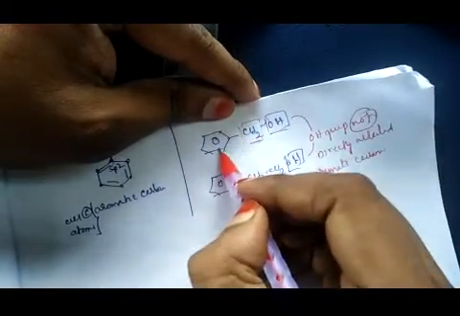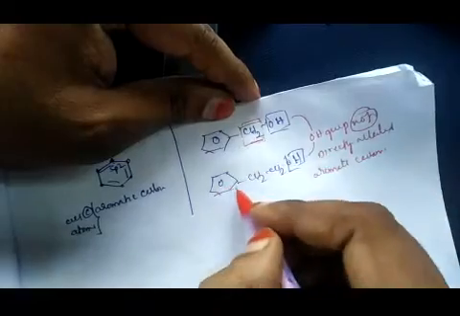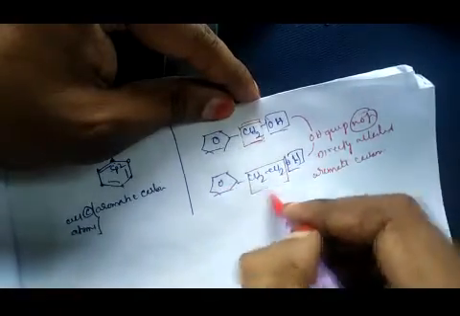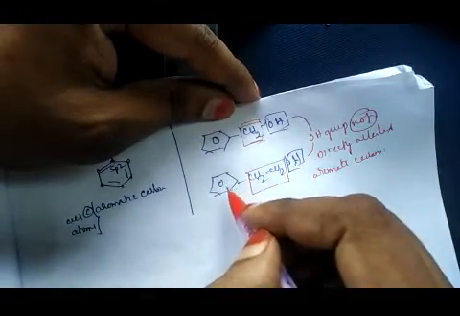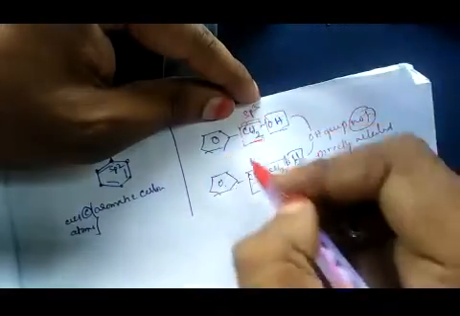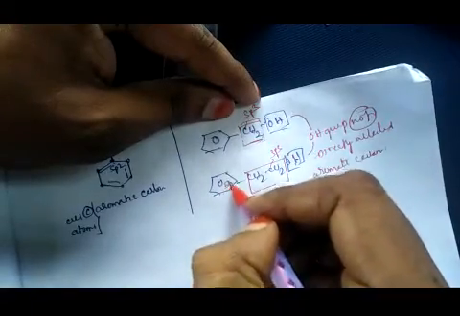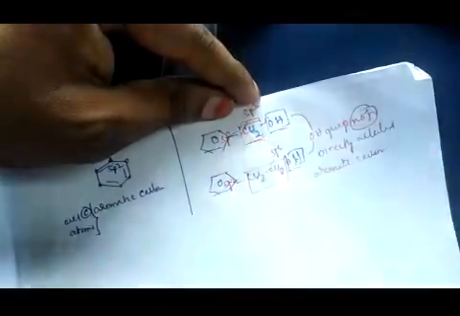In between the aromatic carbon and the OH group, there is one carbon atom here. In this compound, there are two carbon atoms between the OH group and the aromatic carbon atom. Here this carbon is sp3 hybridized, here also the carbon is sp3 hybridized, and the aromatic carbon is sp2 hybridized.